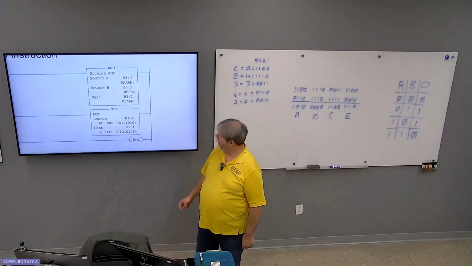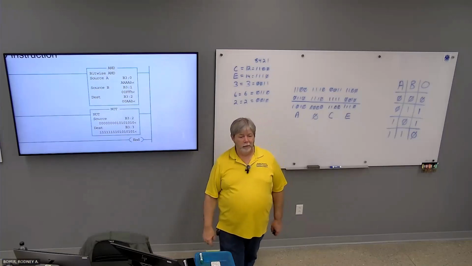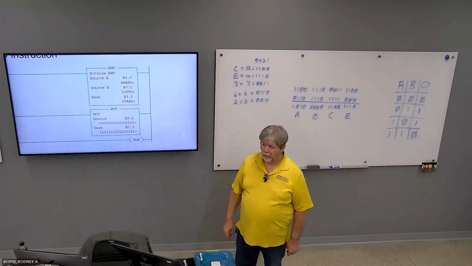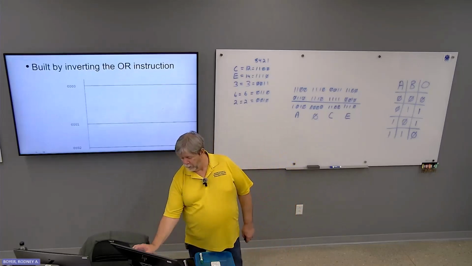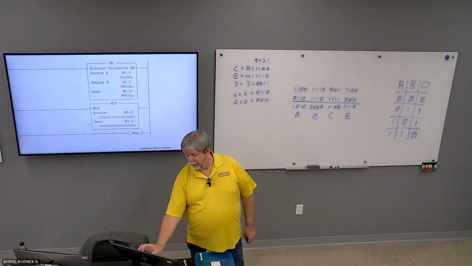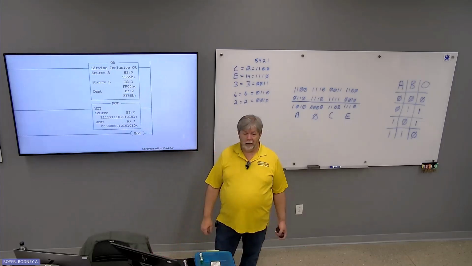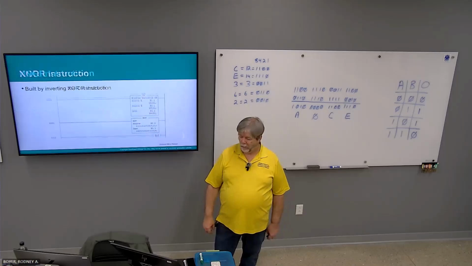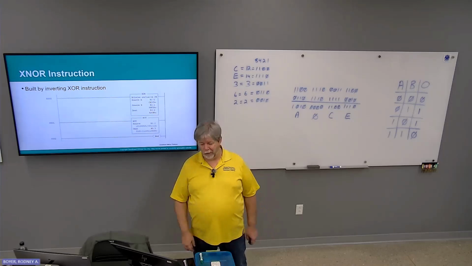So first thing you do is the bitwise AND, and then just NOT whatever the result is. Okay. The NOR, you do a bitwise OR, and NOT the result. XNOR, you do an XOR, NOT the result.